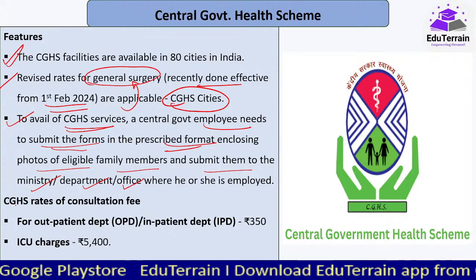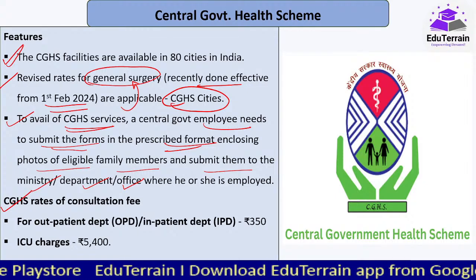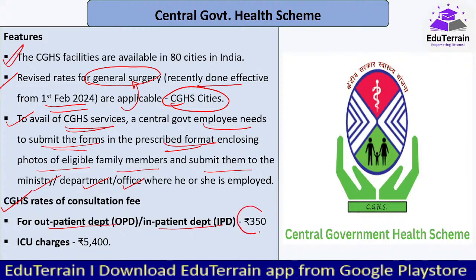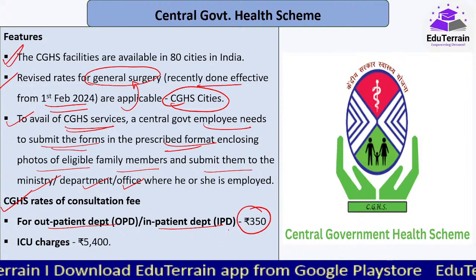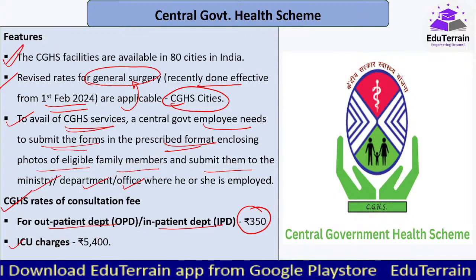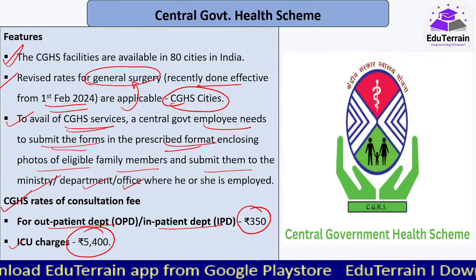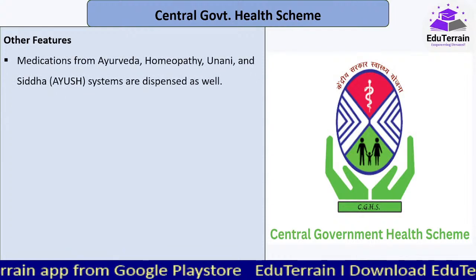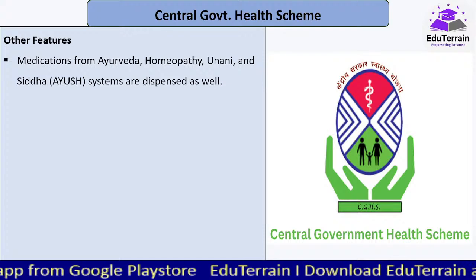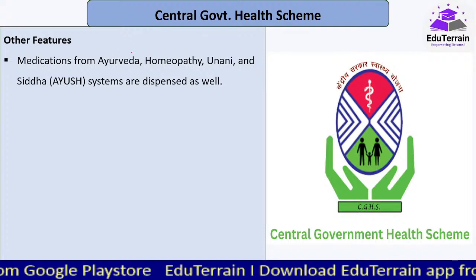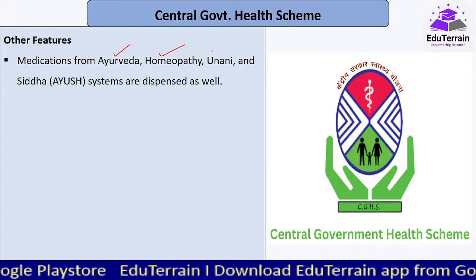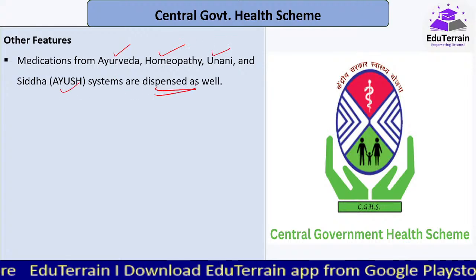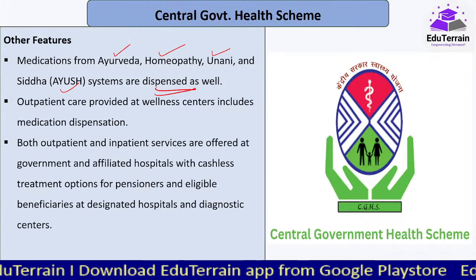And the current consultation fee rates under CGHS, for outpatient department or inpatient, the maximum amount that they can avail is 350 rupees, and the ICU charges up to 5,400 per day. And other features include, see, it's not that it's only allopathy or only in those hospitals, no. Medications from Ayurveda, homeopathy, Unani and Siddha, the Ayush systems, are all dispensed as well under this particular program.